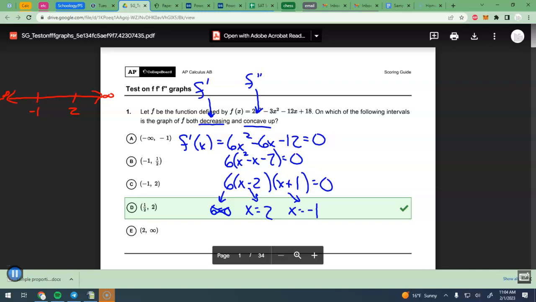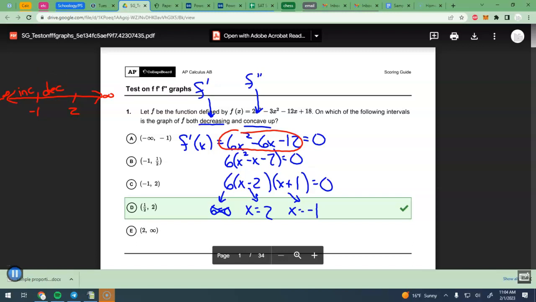So if I multiply that all together, isn't that positive? Which means the original graph is increasing, right? The number line is just a shorter version of that big chart. I would pick maybe 0 here to plug in. If I plug in 0, it's probably easiest to use this one because it's just 0, 0, -12. That's a negative number, so we're decreasing in that window.